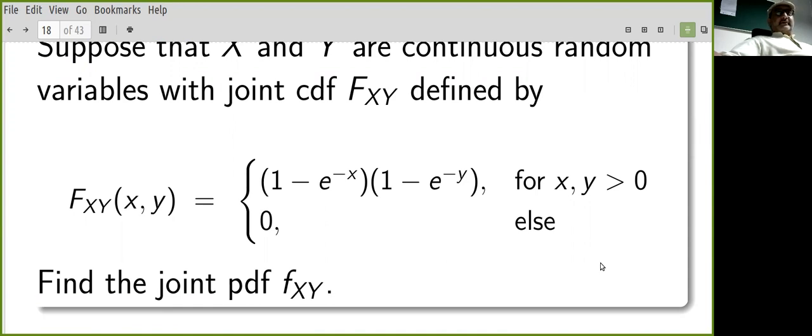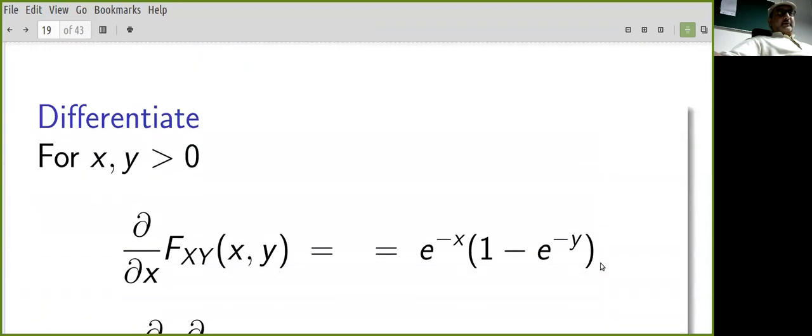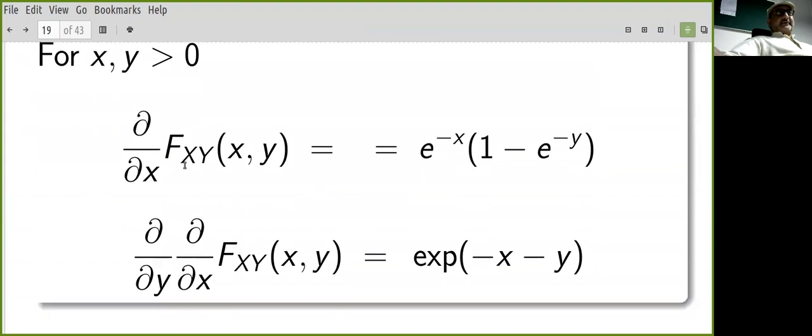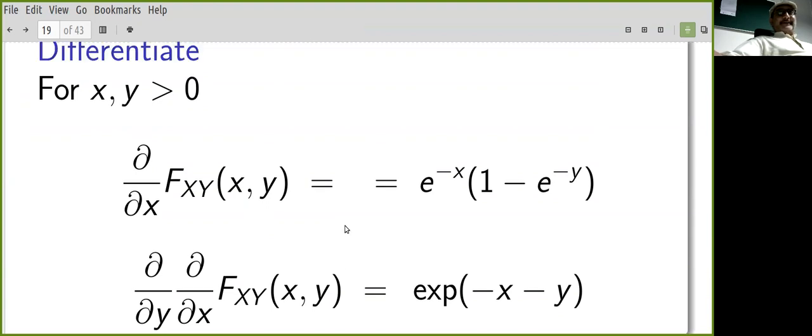Well, you take the partial derivative with respect to x, and then you take the partial derivative with respect to y. For sensible PDFs and CDFs, it won't matter whether you take the partial with respect to x and then y, or the other way.